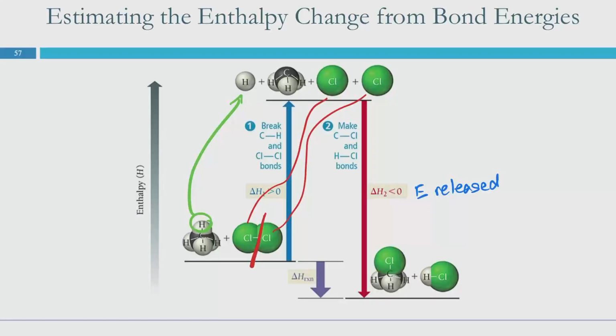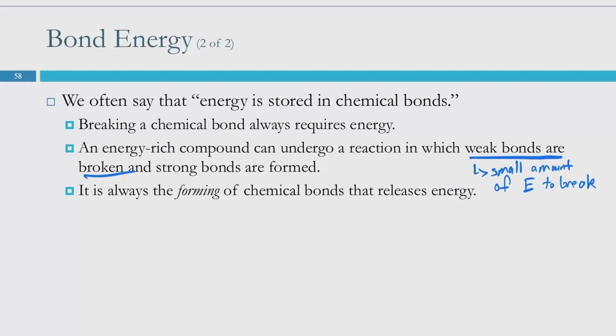So things that are explosive, TNT, for example, would fall into this category. There's weak bonds, just needs a little bit of a spark. Boom, explosion, strong bonds are formed in the process.